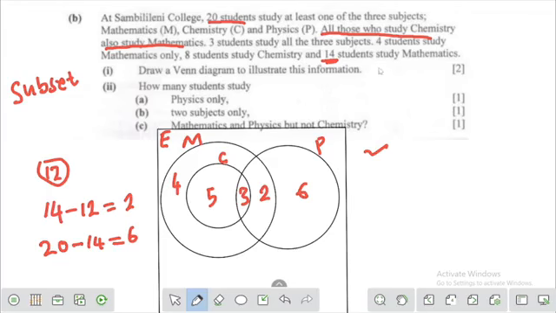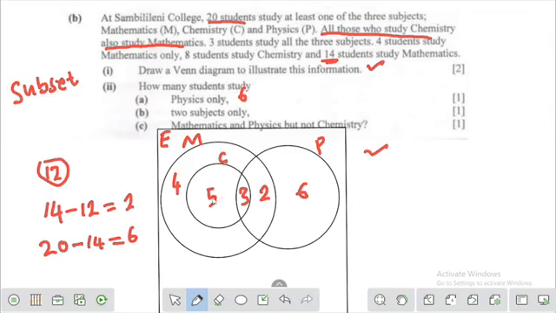Now we come to question B. How many students study physics only if you are using this Venn diagram? Physics only, again, is a 6 here. How many students study 2 subjects only? So for 2 subjects only, this 2 is showing that they are just studying maths and physics. Then this 5 here, because this 5 is showing students who are in chemistry. Remember this set C is also a subset of M, which is mathematics.